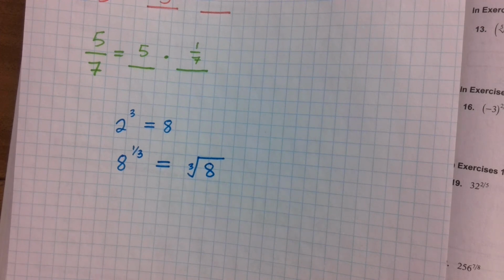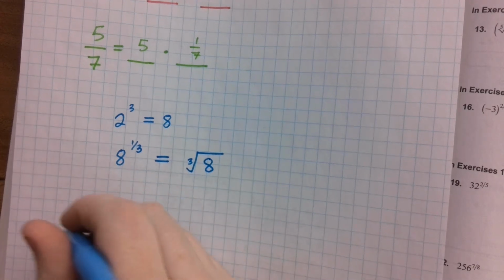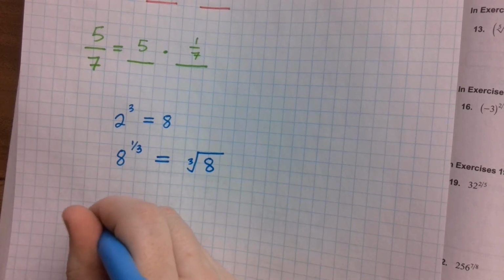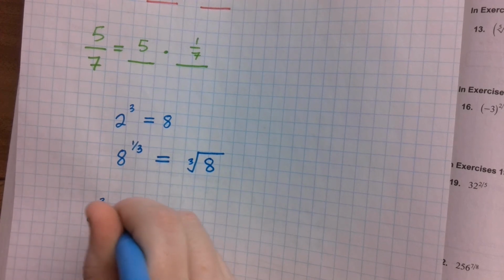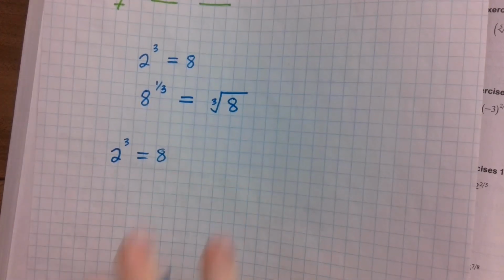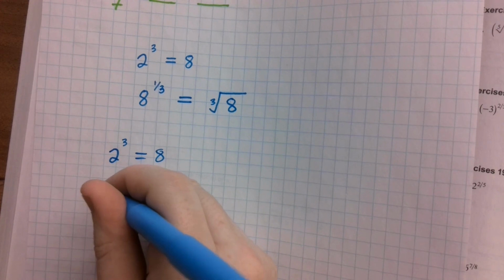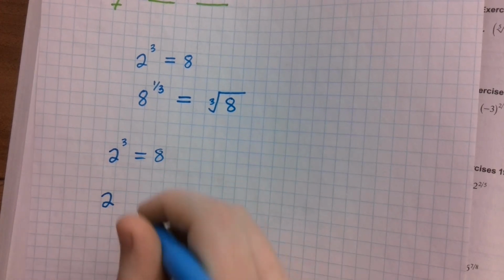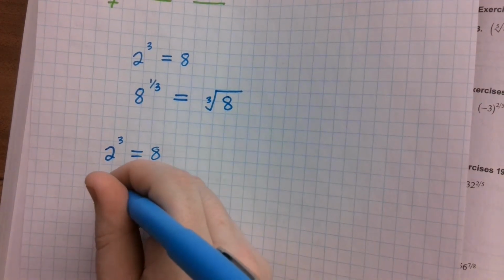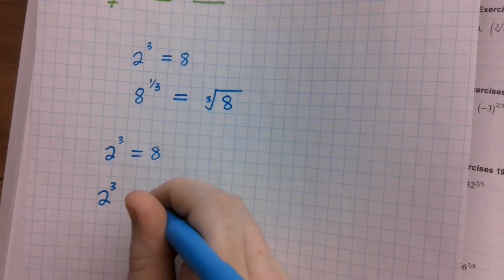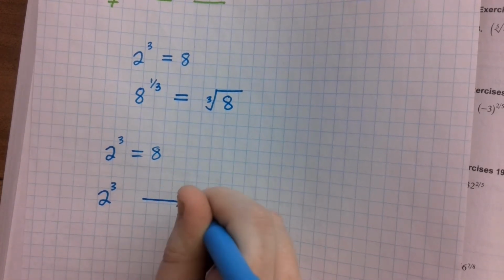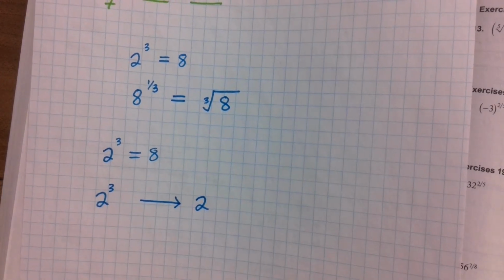It all comes down to our inverses. We know that 2 cubed is 8. But let's say I wanted to use an inverse operation here. I wanted to get from 2, cube it, and then do something else to make it back to 2.